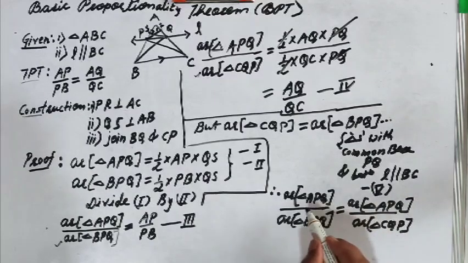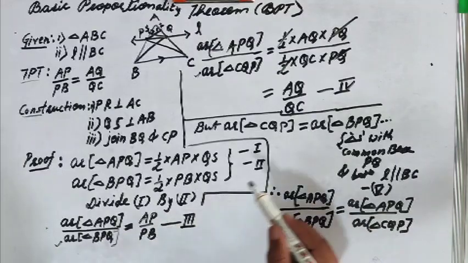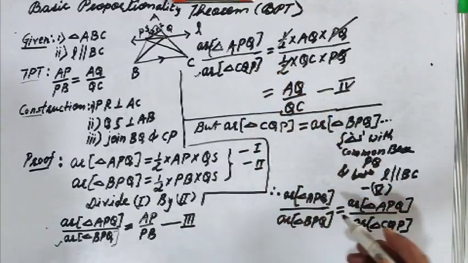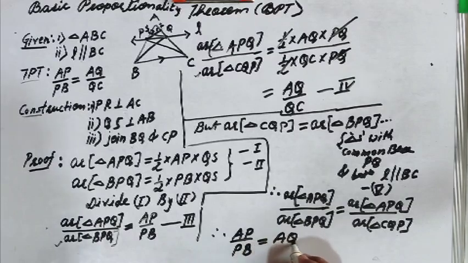Therefore, because the numerator and denominator of equation 1 are equal to the numerator and denominator of equation 2, we can write AP upon PB equal to AQ upon QC. Hence proved. So this way we can prove the basic proportionality theorem. This is a very important theorem. Start proving it on your own after watching this video.